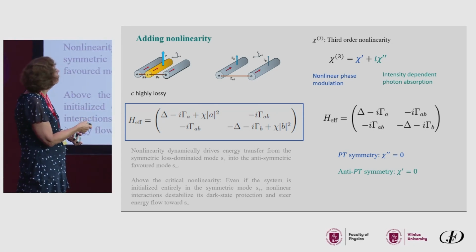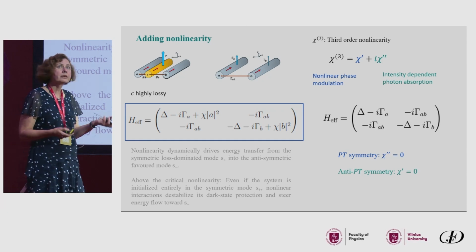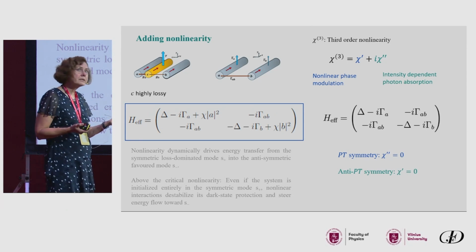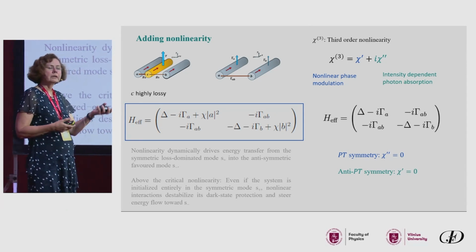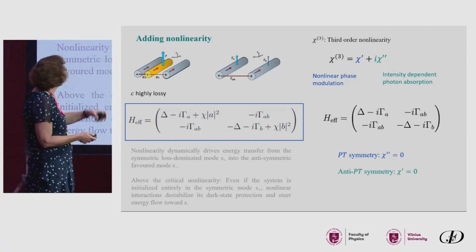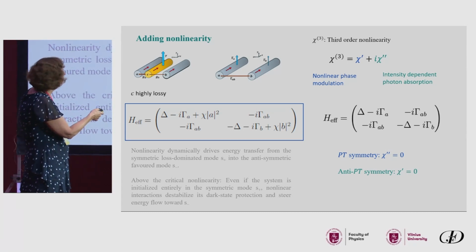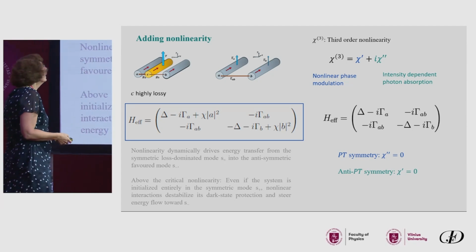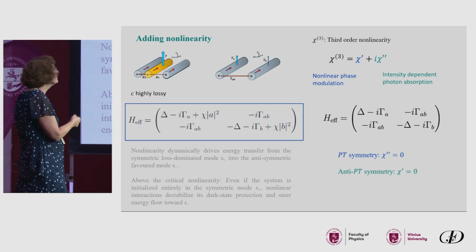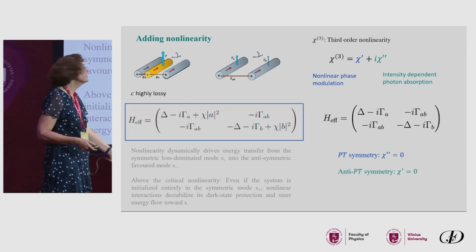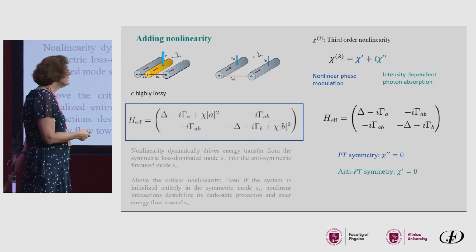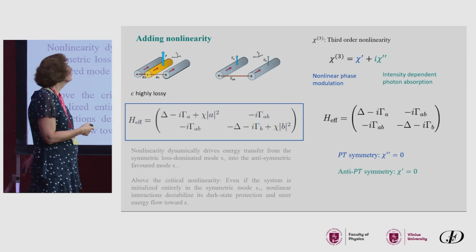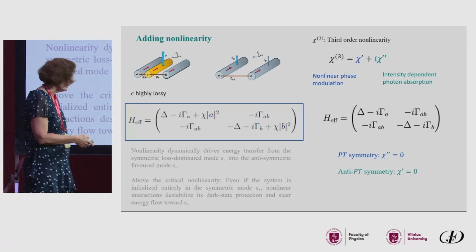So in general, nonlinearity is characterized by a complex coefficient, where this is the usual nonlinear phase accumulation, like the Kerr nonlinearity that we know, and this is intensity-dependent photon absorption. And we can show that you can basically create out of this an effective Hamiltonian of symmetric type. You can get PT symmetry if you de facto have just the real part, and anti-PT symmetry if you de facto have only the imaginary part of the nonlinearity.